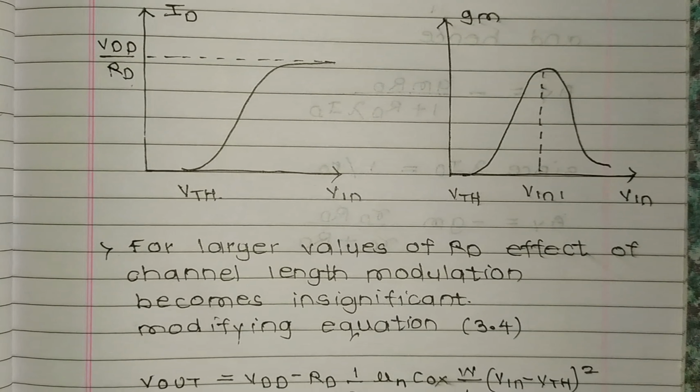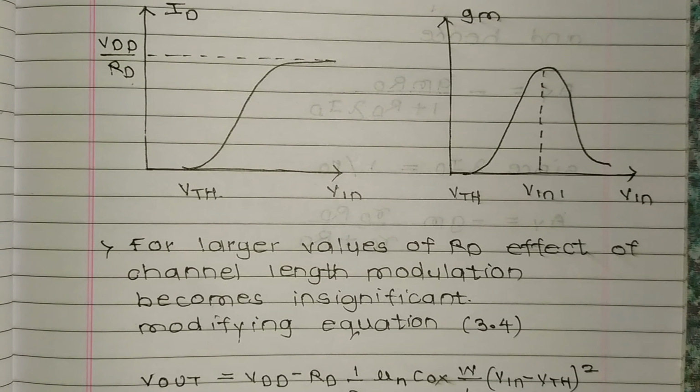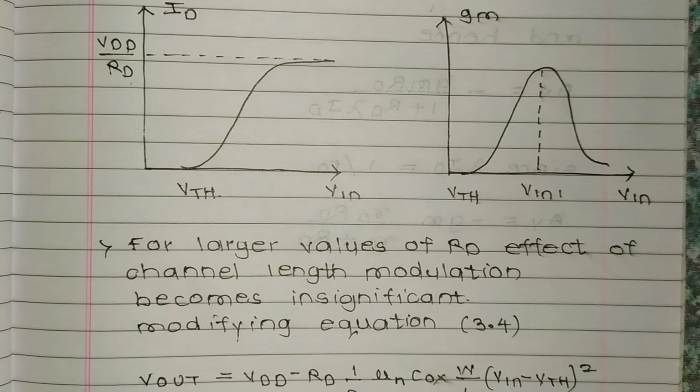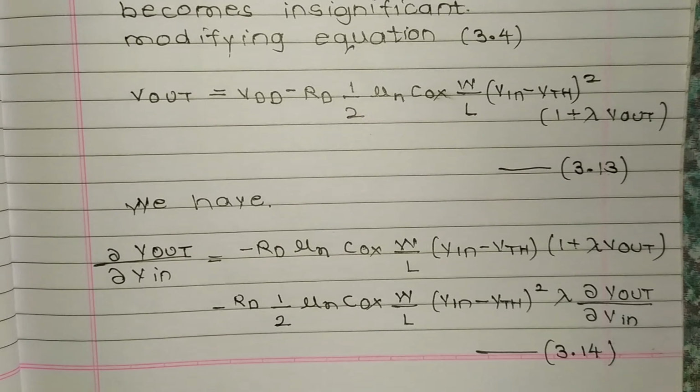For larger values of RD, the effect of channel length modulation becomes insignificant, modifying equation 3.4. By modifying equation 3.4, we get this equation.